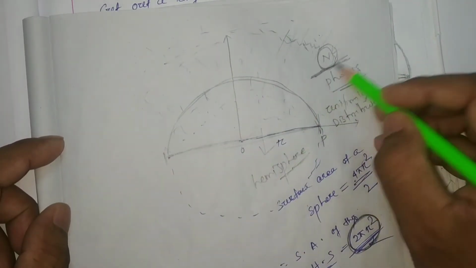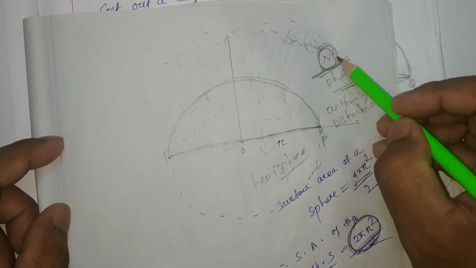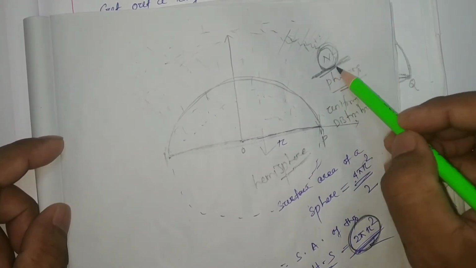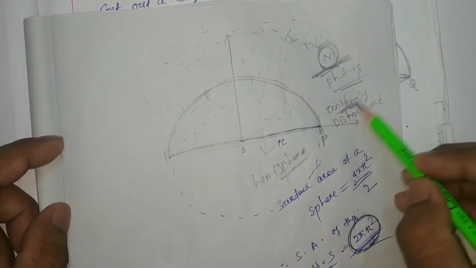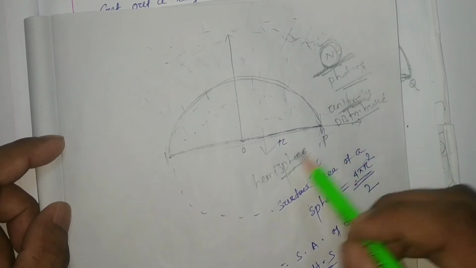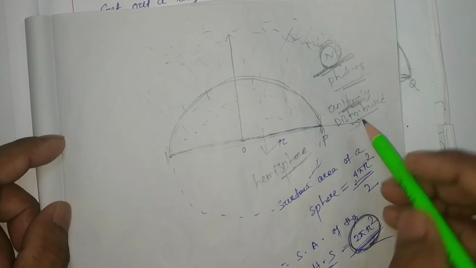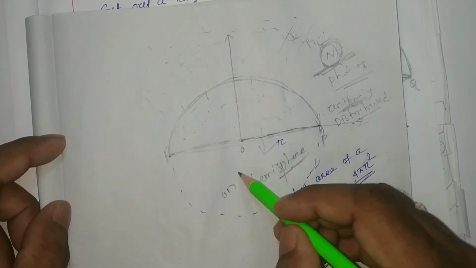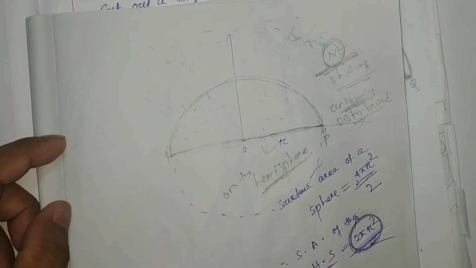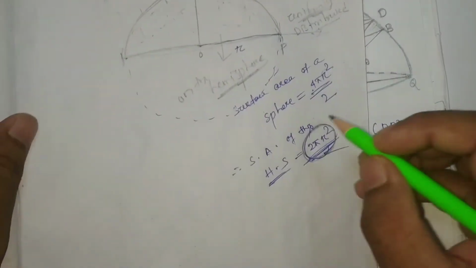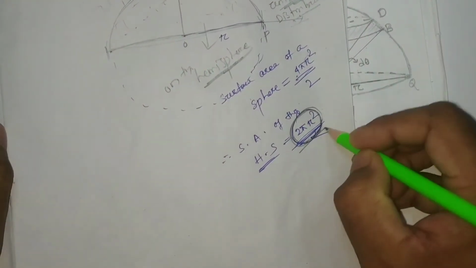N number of photons are distributed uniformly on this hemisphere, having the surface area of 2 pi r square.